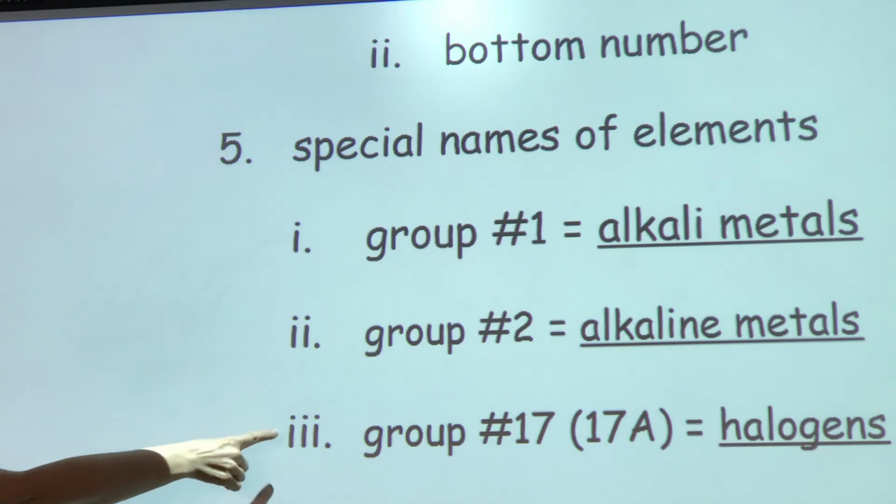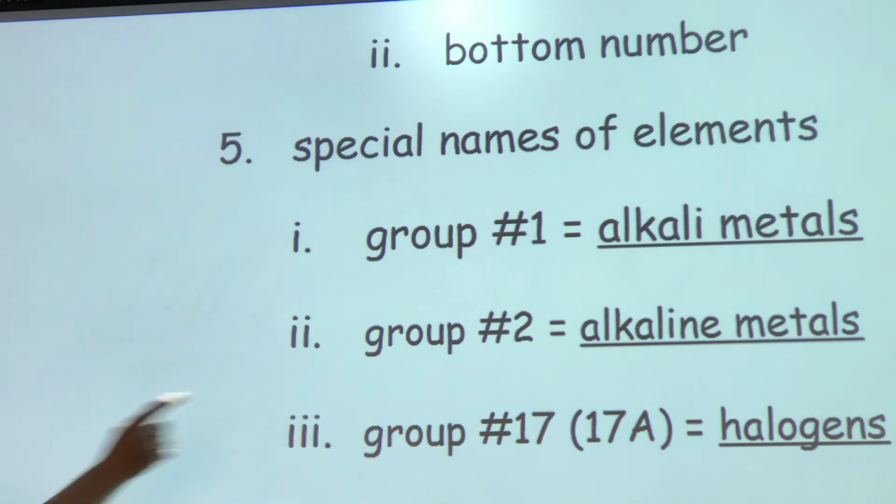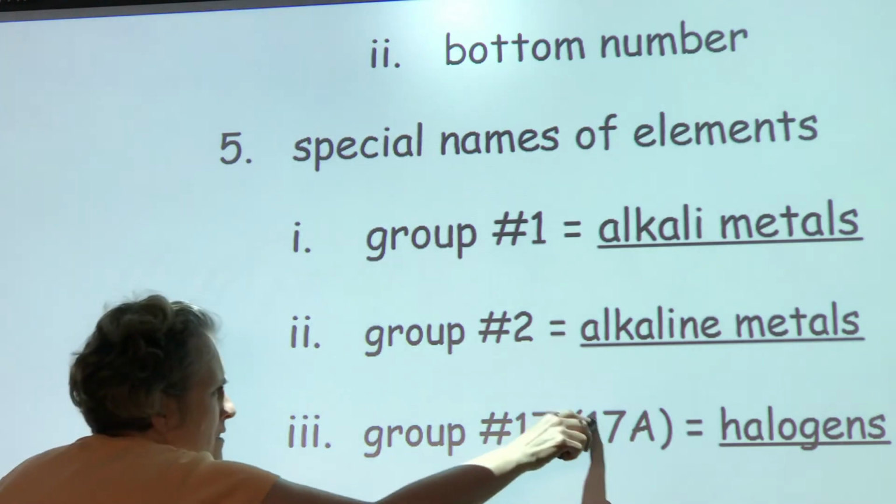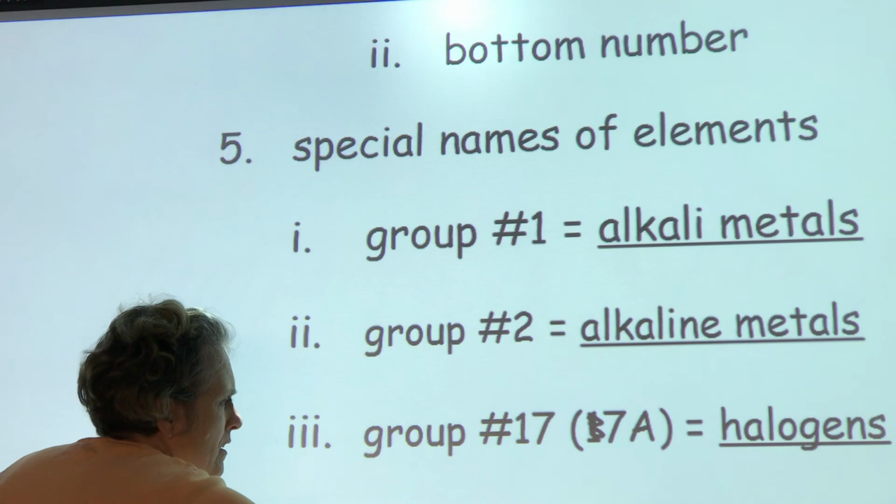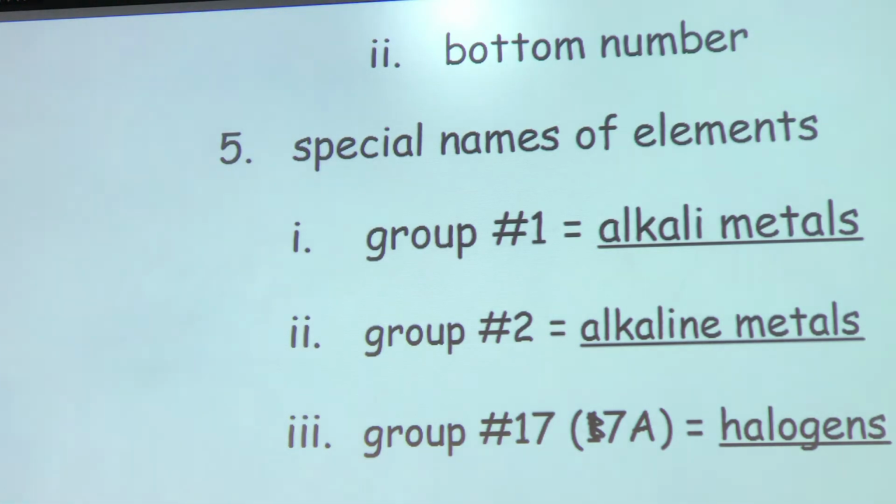Group number 17 or 17A, I put that in there because I wasn't sure what your textbook has. That should be 7A. I'm not sure what your textbook has. It might just have group 17 and 18. That's what most new periodic tables have. But that group is called the halogens, and group 18 is called the noble gases.